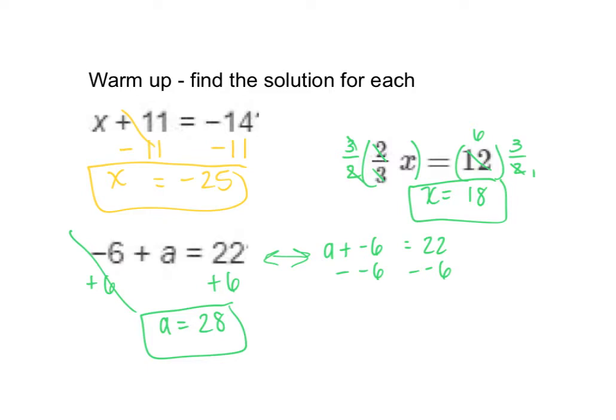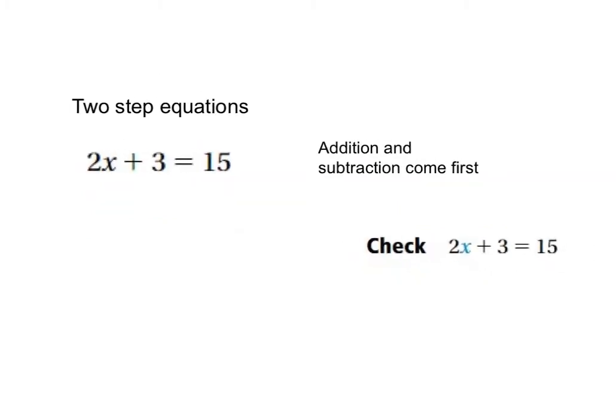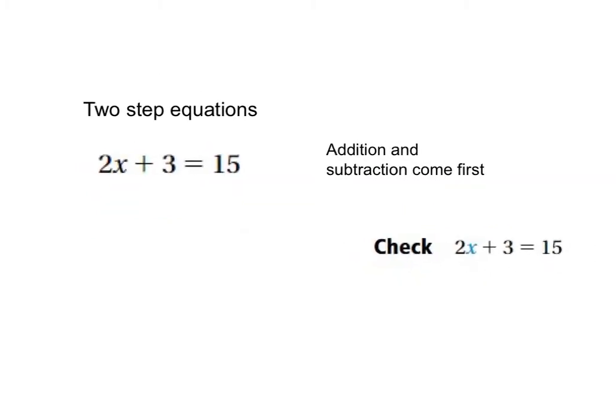All right, let's start with 2.2, two-step equations. So guys, very important, go ahead and highlight: addition and subtraction come first, okay? So for these two-step equations, we've got 2x plus 3 equals 15.